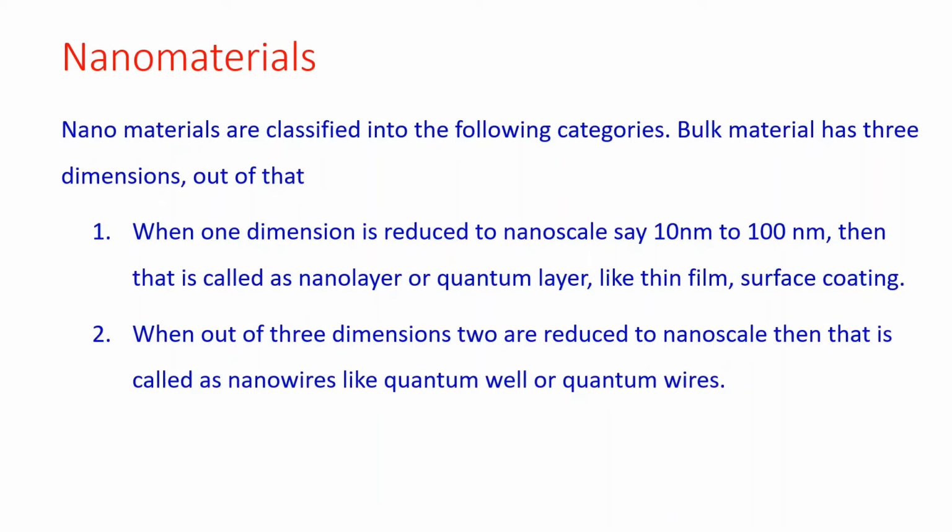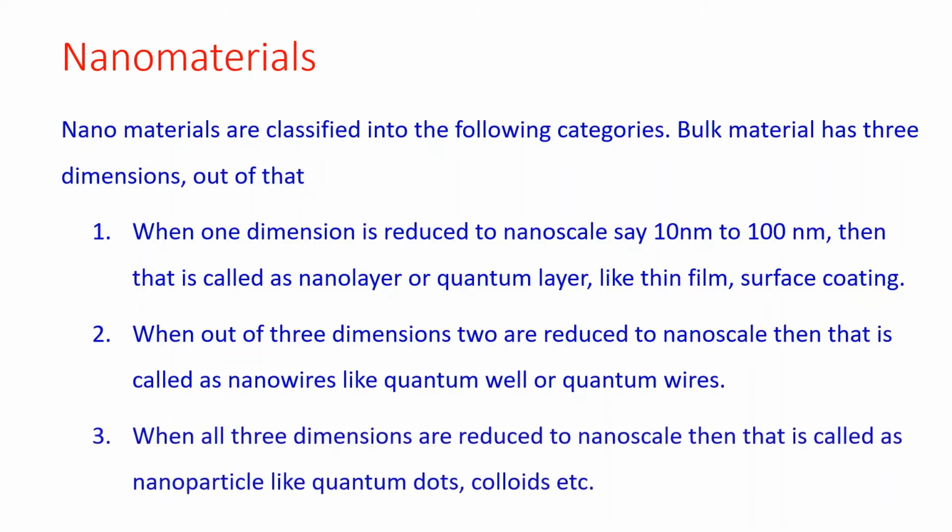When out of three dimensions, two are reduced to nanoscale, then that is called nanowires, like quantum well or quantum wires. And when all three dimensions are reduced to nanoscale, then that is called a nanoparticle, like quantum dots or colloids.